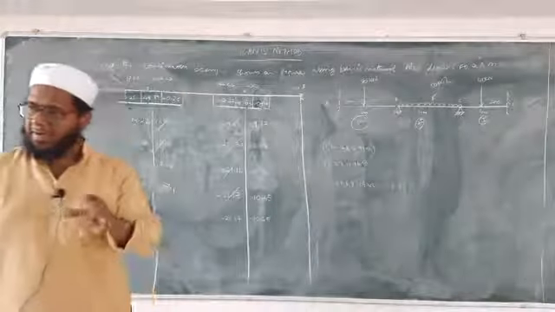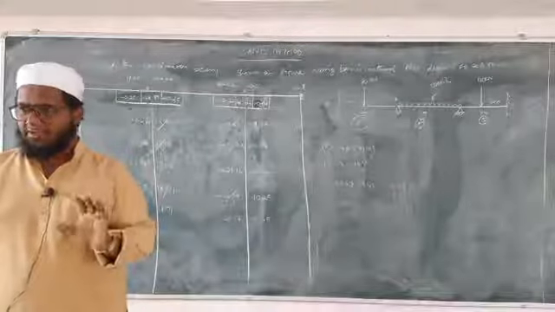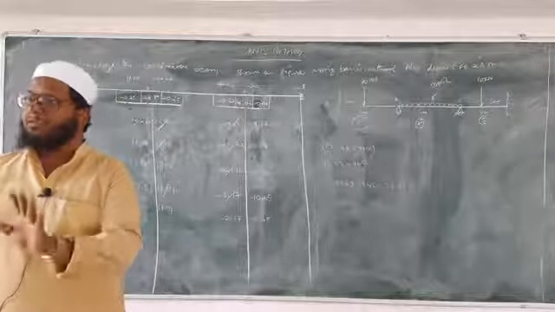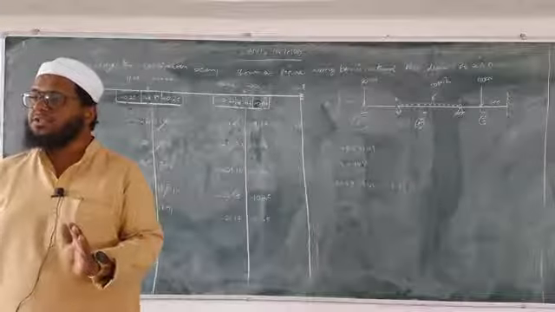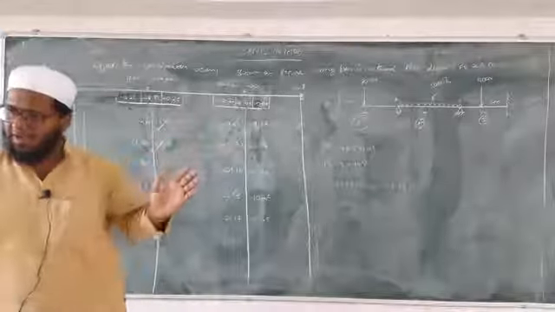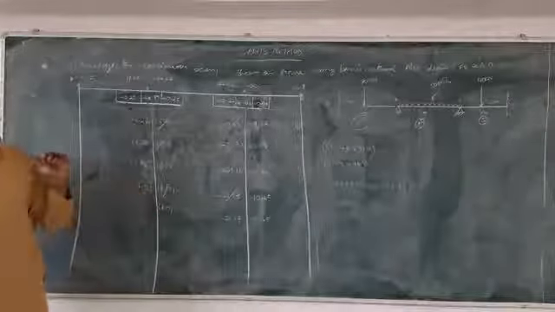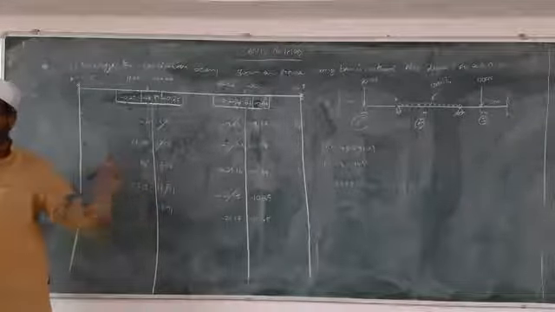The background of that software is the C language. The entire software of STAAD.Pro and even E-tabs, whatever we do for the calculation of moments, is based on the C language, and the program is designed in this way only, Kani's method only. Able to understand? This is what they do for the iterations.